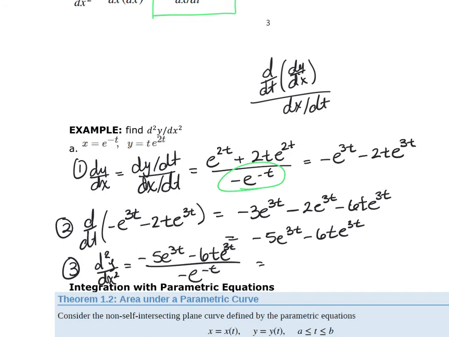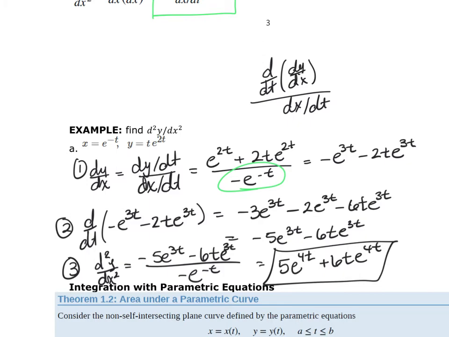Again, I'm going to clean this up like I did before. I end up with a positive 5e raised to the 4t and then a positive 6te raised to the 4t. And that is my final answer. Cool.